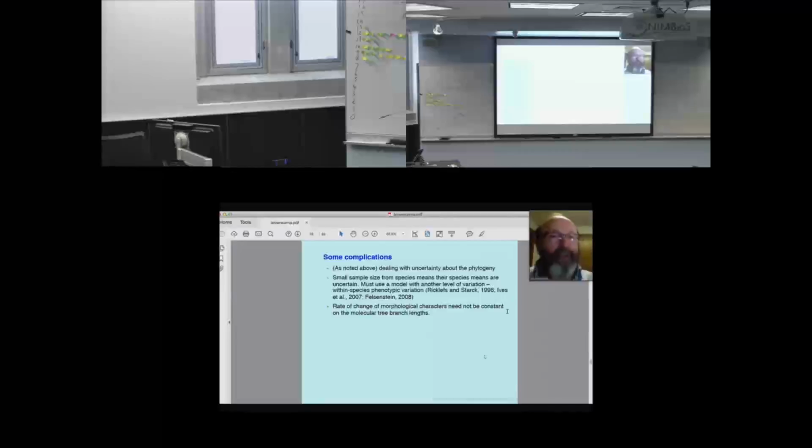That's a rather arbitrary assumption, and it needs to be worried about. Nobody's doing much about it, but one way would be to say maybe there's a molecular clock, we'll estimate a clock-like tree, and then we'll assume also a morphological clock. But again, it's not obvious that correlated morphological characters are going to change in a clock-like fashion.